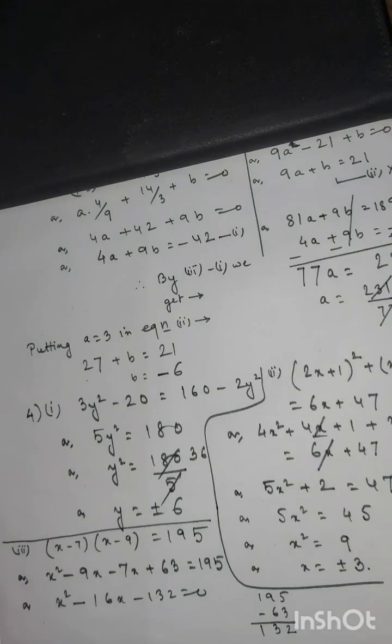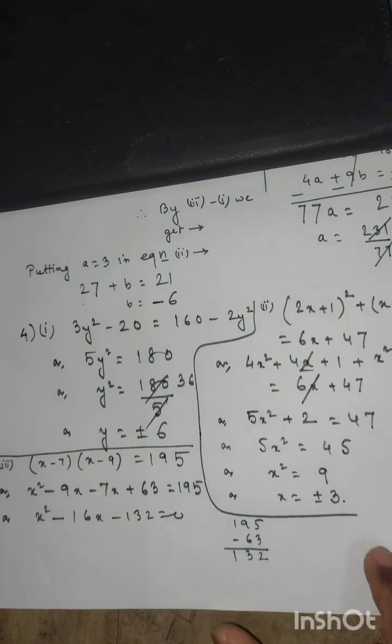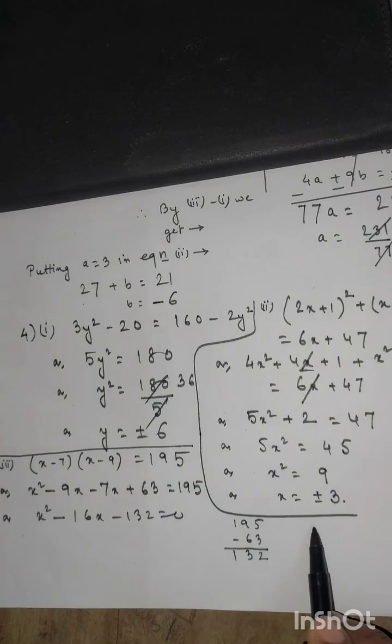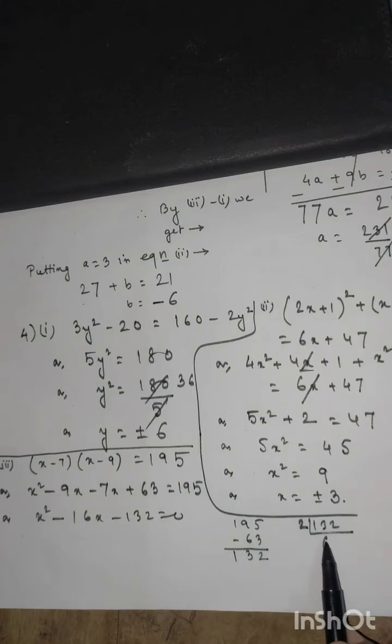Now we have to break, we have to do middle term factorization. If we break 132, if we do prime factorization, we get, so these are the factors.